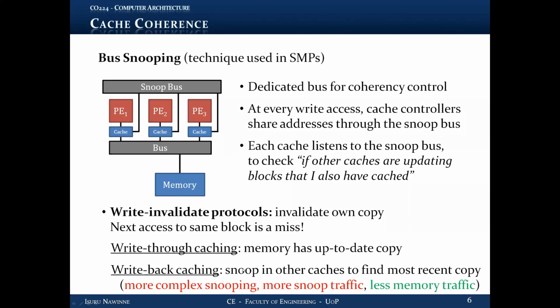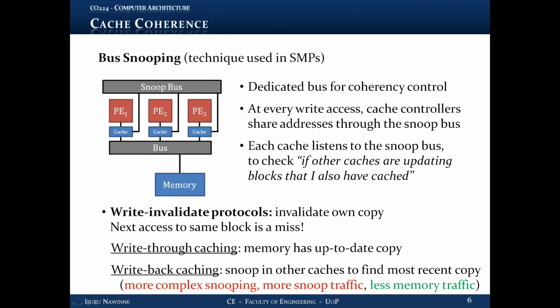Right? So compared to the write through caching method with the bus snooping technique, the snooping itself is now more complex. Earlier, you only needed to broadcast the invalidate signal whenever the cache controller receives a write to an address. Now, we have to have the functionality to read from other caches through the snoop bus as well.